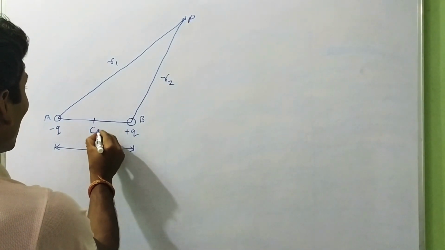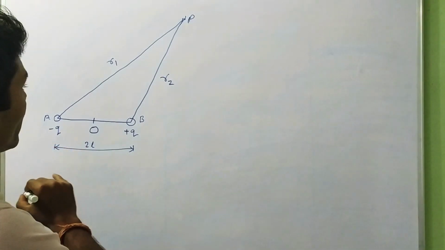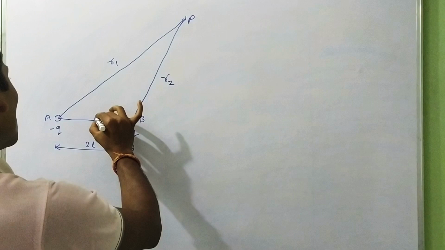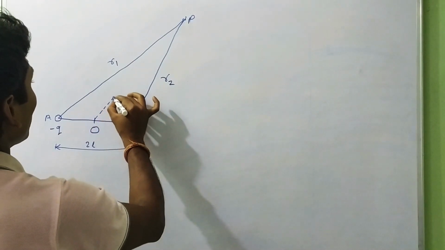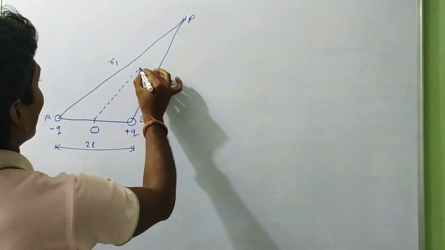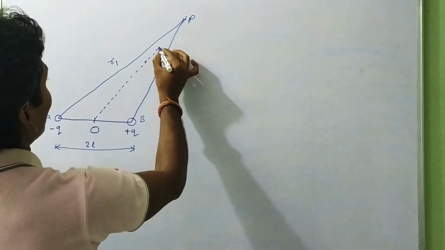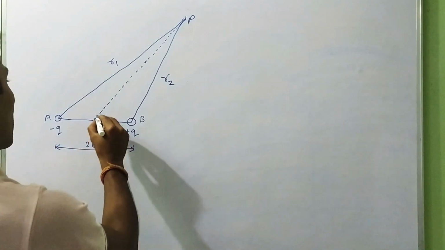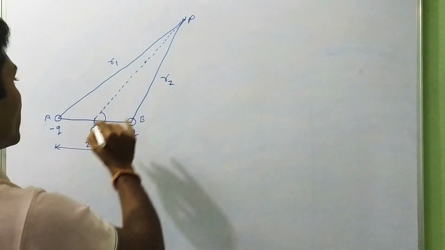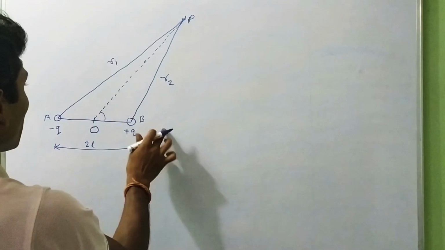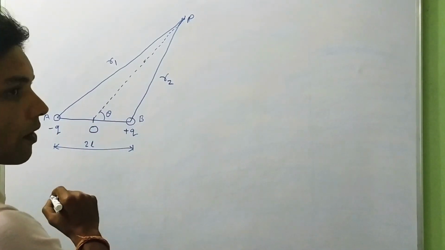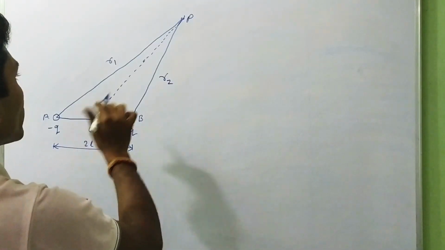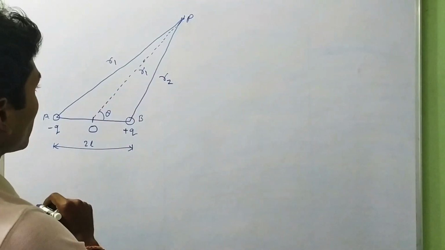Let O be the center point of this electric dipole. So we have also joined the center of this electric dipole with this observation point P. Let the angle subtended by this OP with AB be theta, and the distance of this point from point O be r.